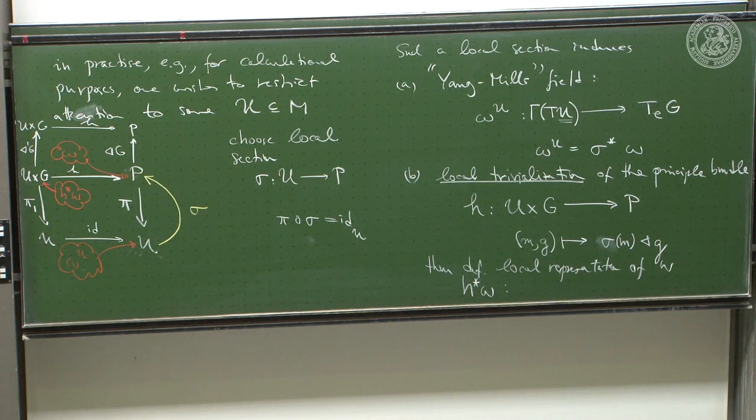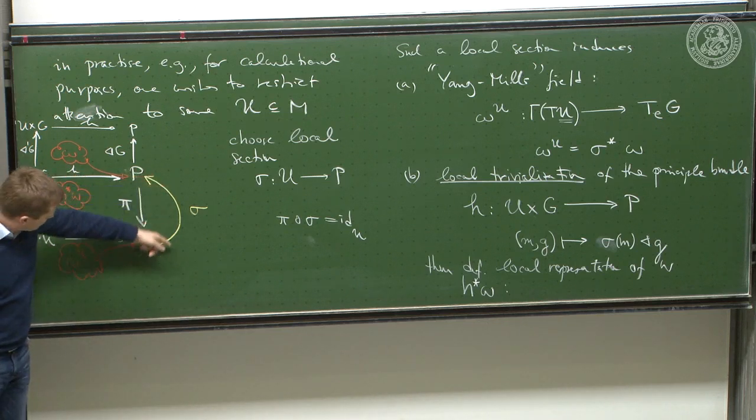Okay? Now, if we had to guess which of these two, the Young-Mills field or the local trivialization, contains all the information in the omega, we would probably guess this local trivialization, I mean locally, should contain all the information in the omega, and that's true.